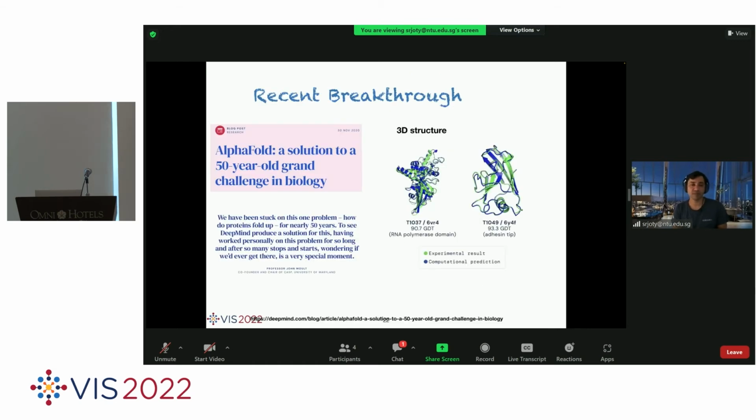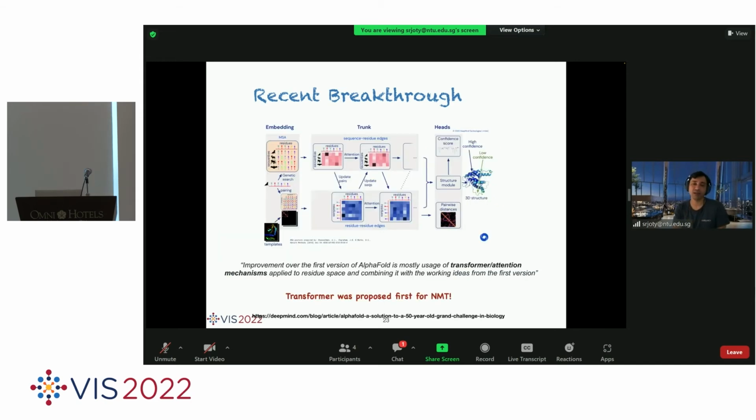Here are some recent breakthroughs that I want to talk about. One is, I think many of you know about AlphaFold from DeepMind, which solves a 50-year-old grand challenge in biology: predicting the 3D protein folding structure. One of the main components of that innovation is the transformer, which was first proposed for neural machine translation.